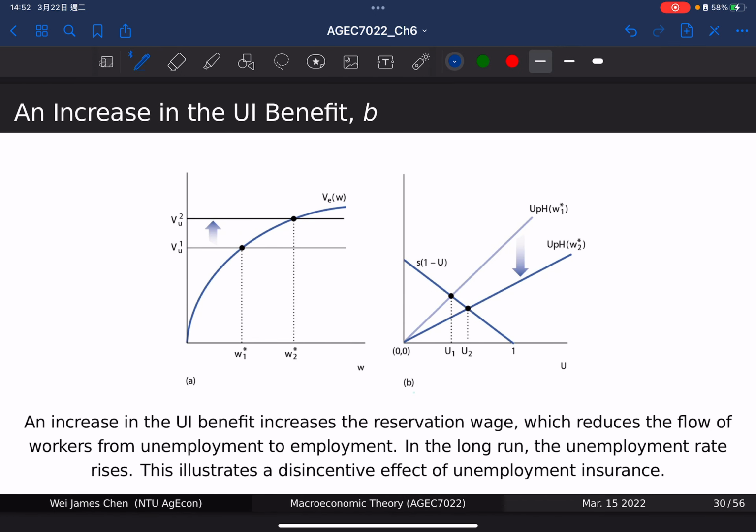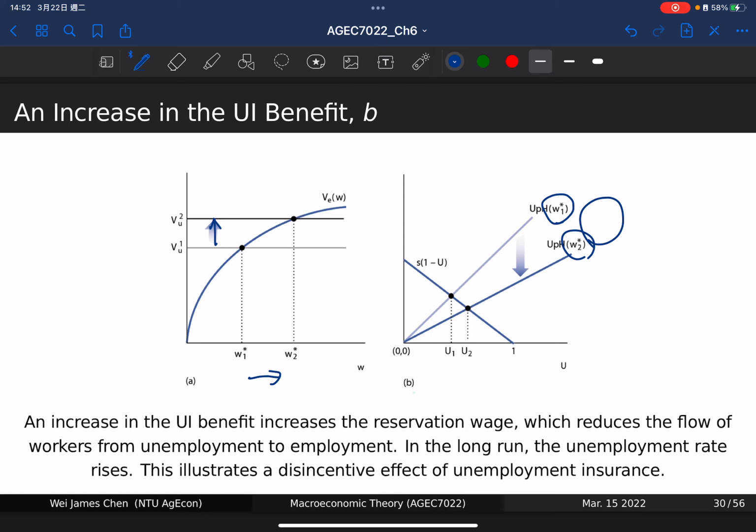Now look at the increase of UI benefit B again. We talked about this already. So in this graph, the answer is easy. The R times VU increases. So the reservation wage increases. And the reservation wage in this graph only changes the H of W, right?